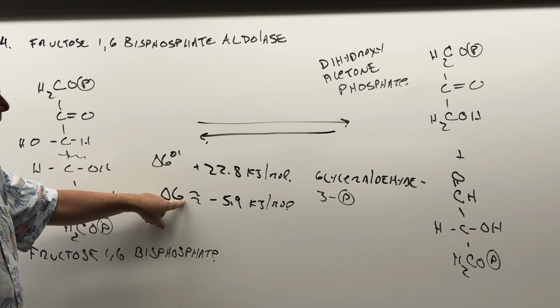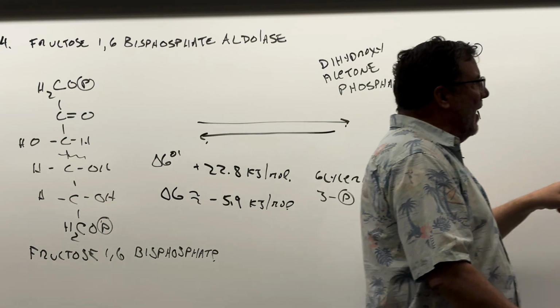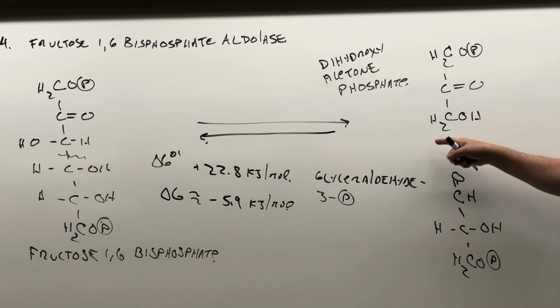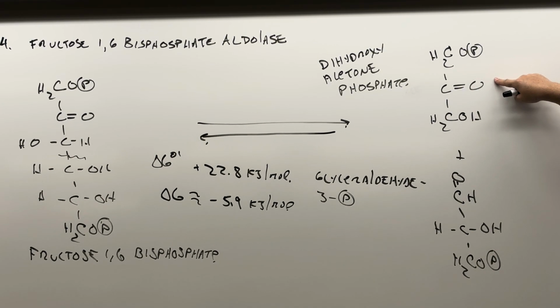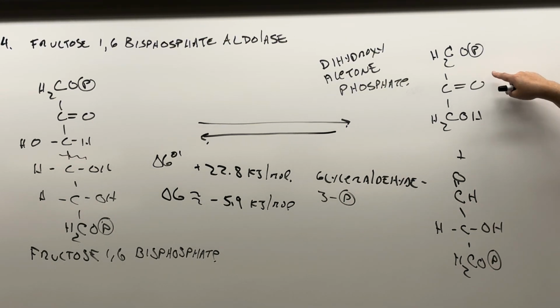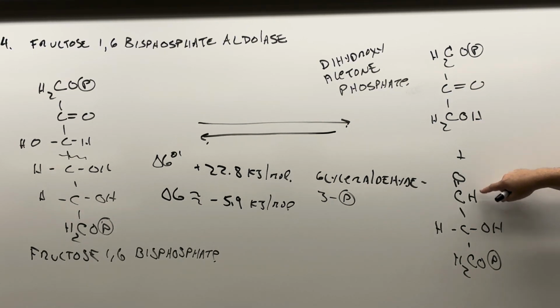All right, so now in this first phase, what we're trying to do is get 2 of these, okay? The last enzyme in this energy investment phase is going to be converting the dihydroxyacetone phosphate to glyceraldehyde 3-phosphate. You just look at those molecules and say, well, we just have to move this keto group from here to here. So it's going to be an isomerization reaction, kind of like our phosphoglucoisomerase, where we're converting between an aldose and a ketose.